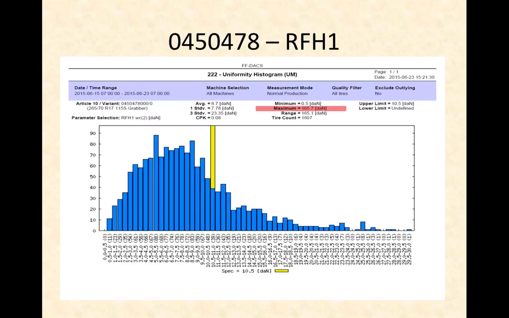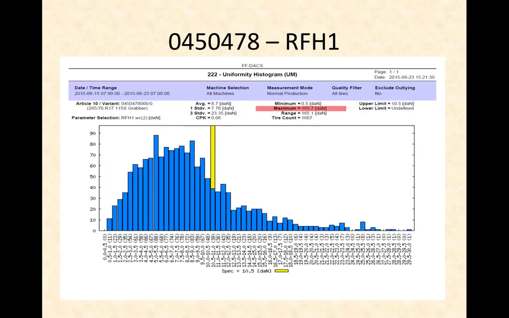045 0478 has an RFH1 problem. To us, it is a radial force harmonic 1 or radial force first harmonic. As you can see from the graph, it displays the average, first deviation, third deviation, CPK values, the upper limit, and the tire count.